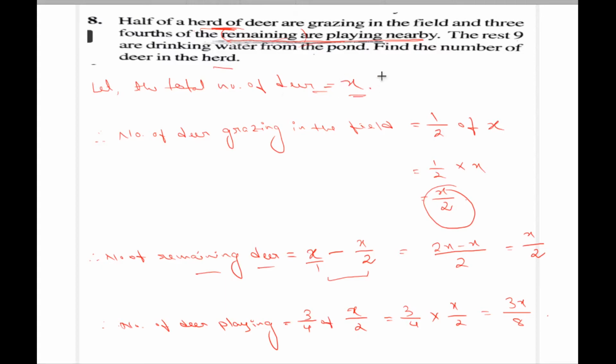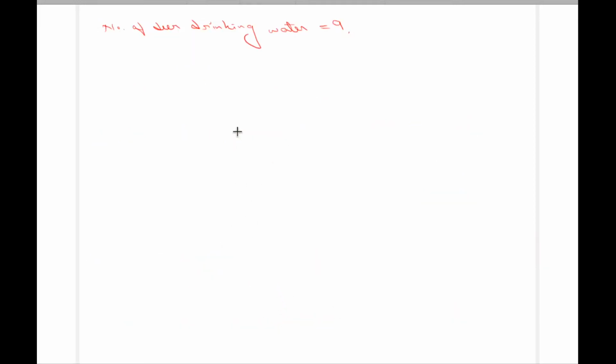See, total number of deer is x. And among this total number of deer, some of them are grazing, some are playing, and some are drinking water.